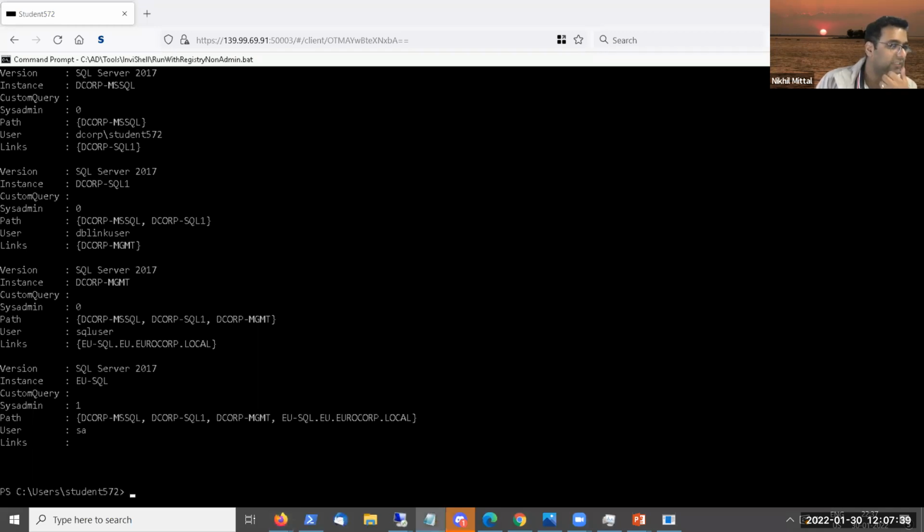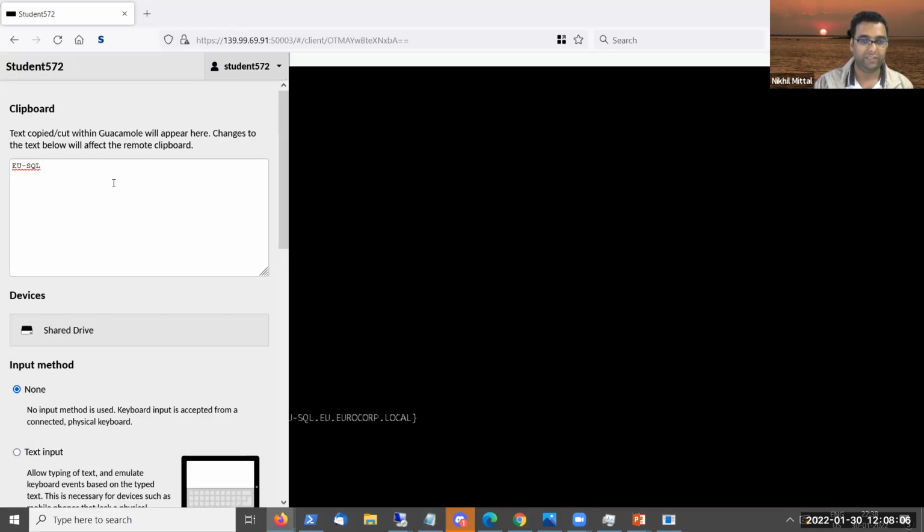So to emphasize the importance of database links, we assume that on EUSQL, xp_cmdshell is already turned on. Please note that you will rarely find xp_cmdshell actually turned on in a production environment. But to emphasize the point, I've already done that in the lab.